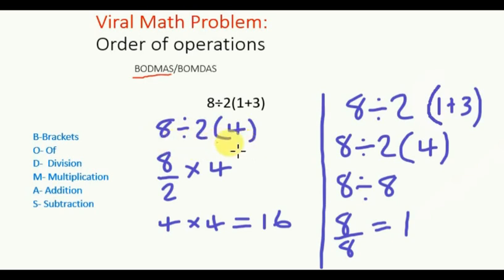Left to right. Because BODMAS is telling you to divide before you multiply, and BAMDAS is telling you that you should multiply before you divide. So the correct thing to do is to work from left to right. Therefore, 16 is the correct answer.